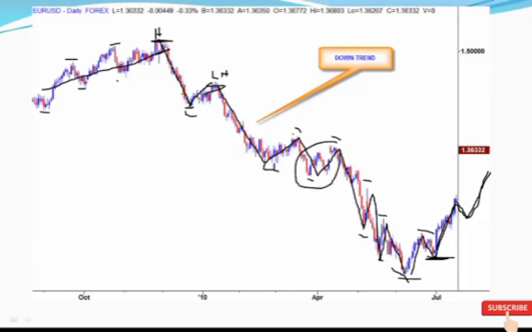This is basically a simple. A simple pullback would be, here's a move down, and here's your pullback, your retracement in a trend. That's a simple one. A complex one would be, here's a downtrend, here's a bounce, here's a failed test to try to make a new low, here's a bounce, and then a continuation. So this is a complex, and this is a simple.